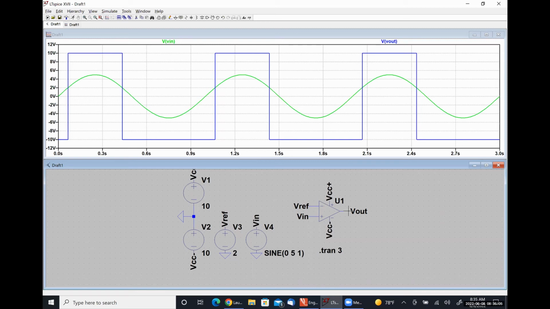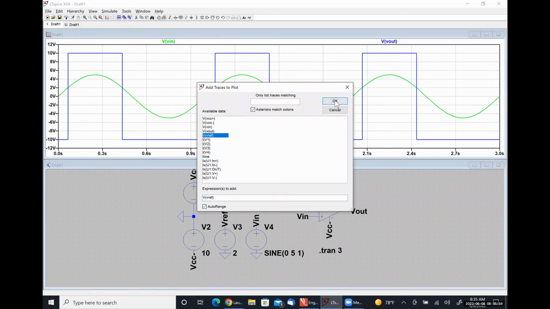If we look at this, what we see is that anytime our input voltage exceeds 2 volts, the output goes to 10 volts. And anytime our input voltage is below 2 volts, which is our reference, our output voltage goes to -10 volts. I can enhance this graph a little bit by adding a trace.